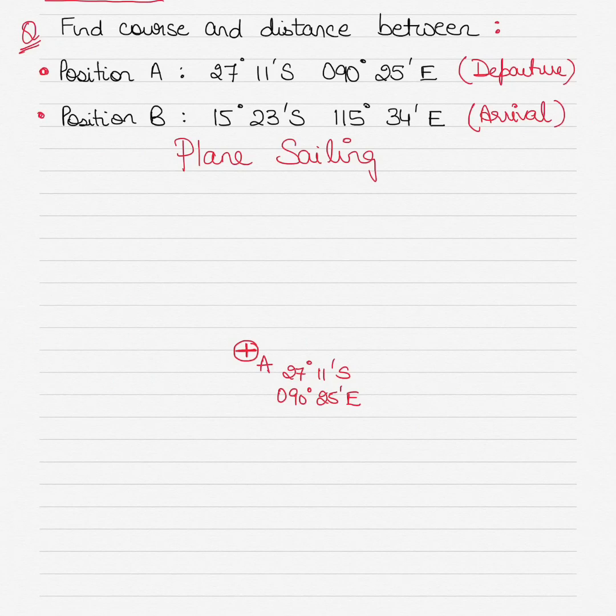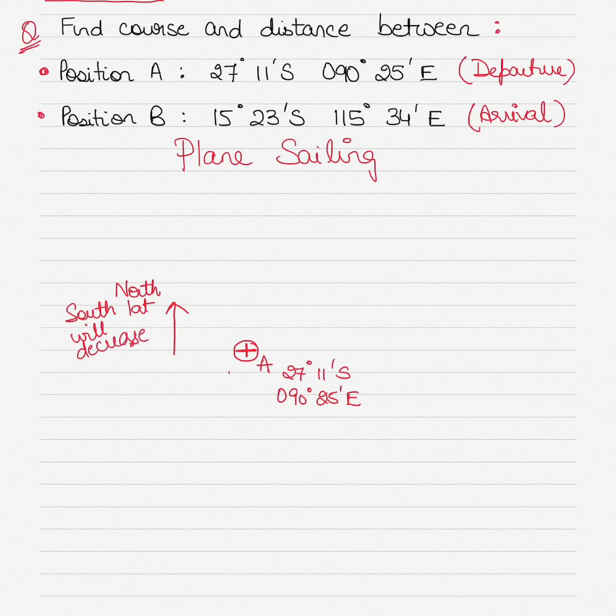So to do that, you have to look at your arrival position. In this case, it's 15 degrees 23 minutes south. So it means that from 27 degrees 11 minutes south, you have to go to 15 degrees 23 minutes south. So you have to go northward, because if you are in the southern hemisphere and you go north, your south latitude will decrease in value, right?